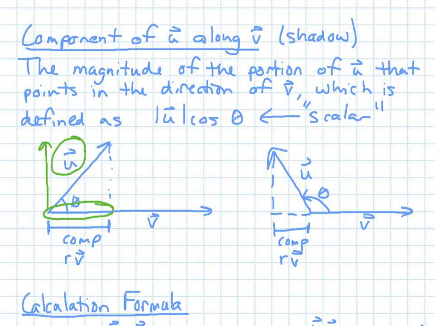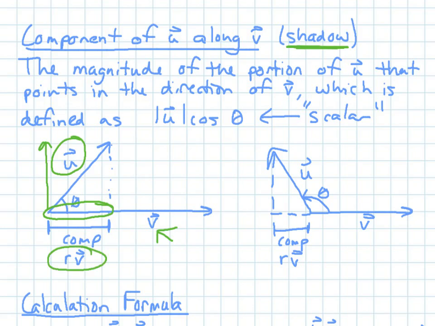You can think of it as a shadow, because your u vector is going to be casting a shadow, straight down, onto vector v. So the reason why vector v is important is because the component of u is actually a portion of vector v. That's why we call it r times vector v.